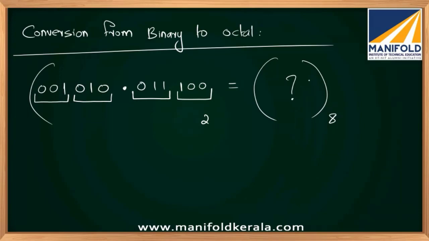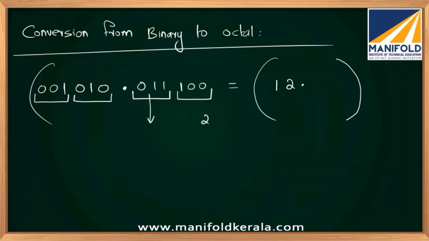Now each of these groups has a symbol representation in your octal number system. Now you have to tell me what each of these is. What is 001 in octal? 001 in octal is 1, right? What is 010 in octal? It is 2. And you have a point here.